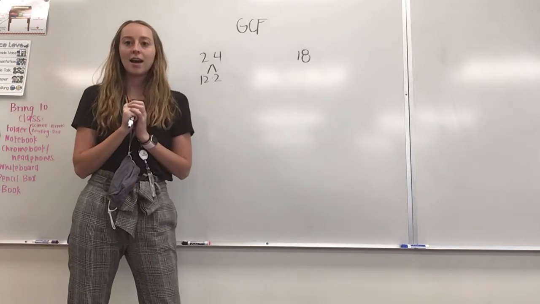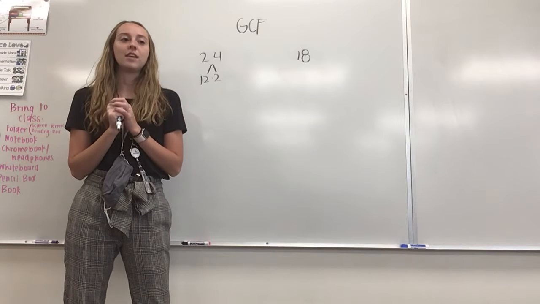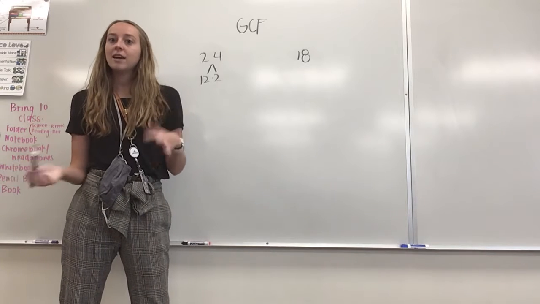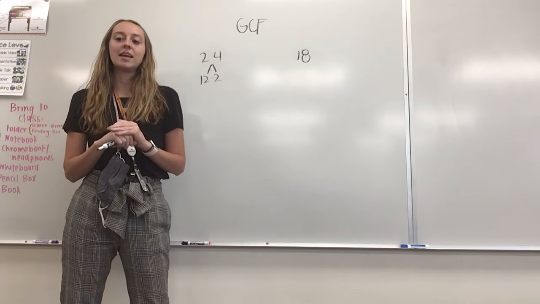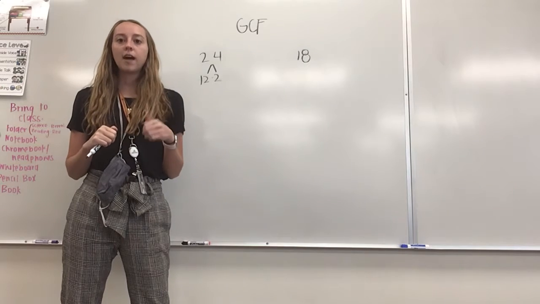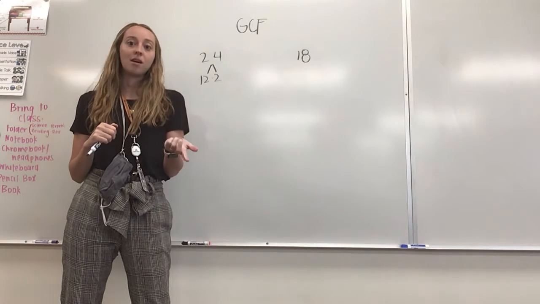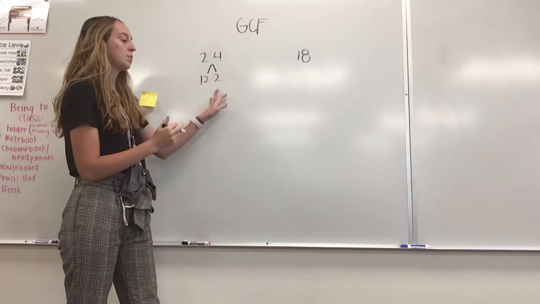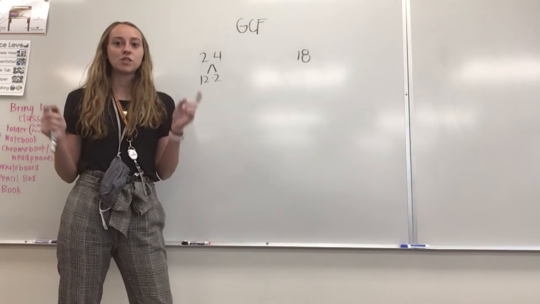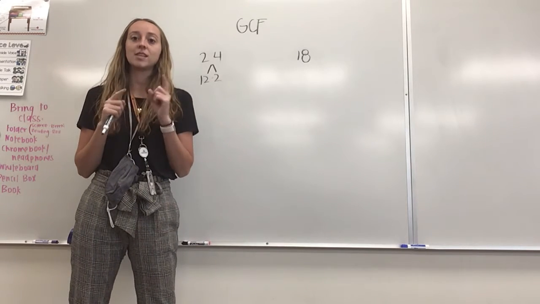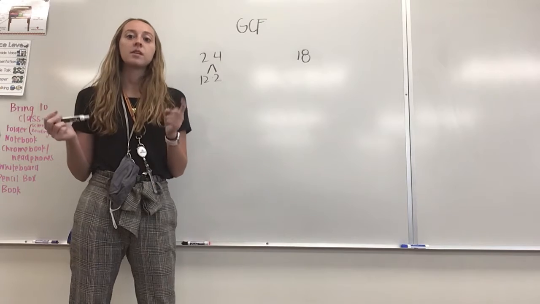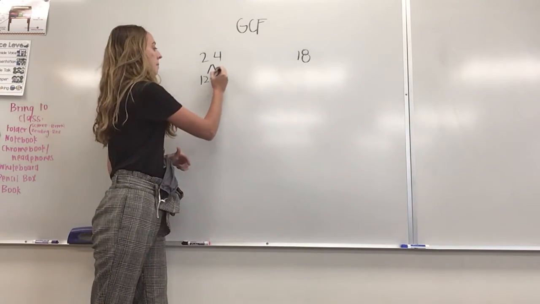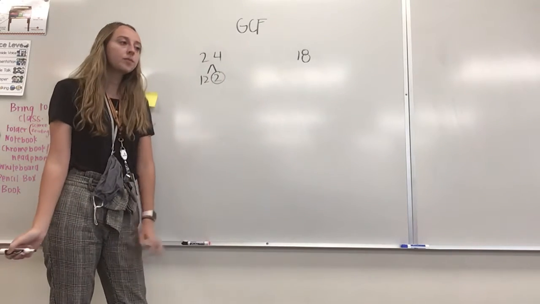And then I look and see if either of my numbers are prime. Now remember, a prime number is anything where its two factors are 1 and itself. So 2 is prime because there's no two numbers I can multiply together to get 2 besides 2 and 1. So I'm going to circle it because I know it's prime.